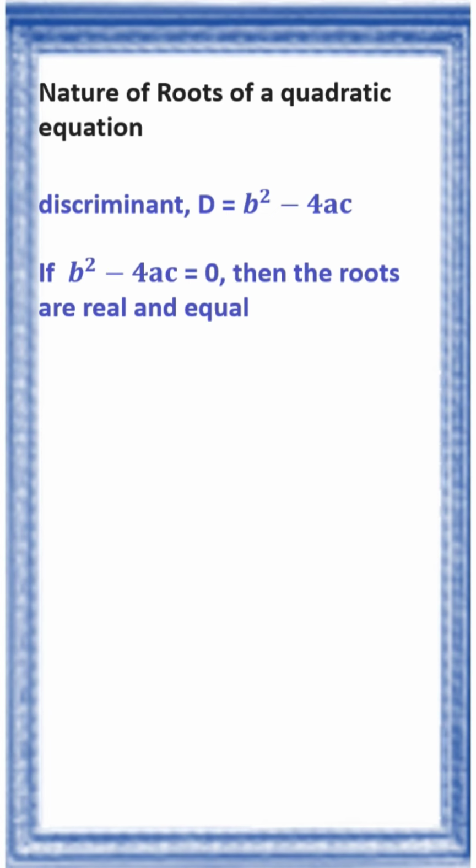The nature of the roots of the quadratic equation. This is also a very important question. It depends upon delta or discriminant D is equal to b square minus 4ac. If b square minus 4ac is equal to 0, then the roots are real and equal.